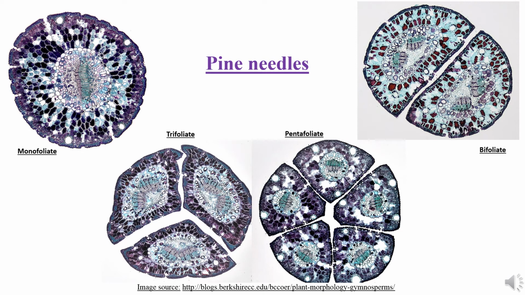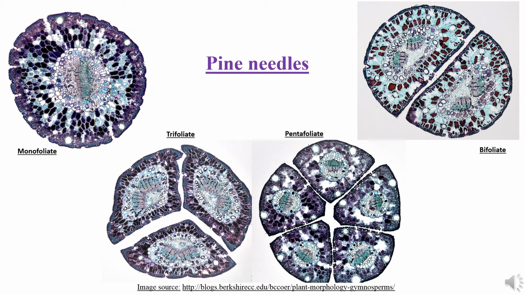So, in all spurs except for monofoliate, vascular bundles have xylem towards the center of the spur and phloem towards the outer side.